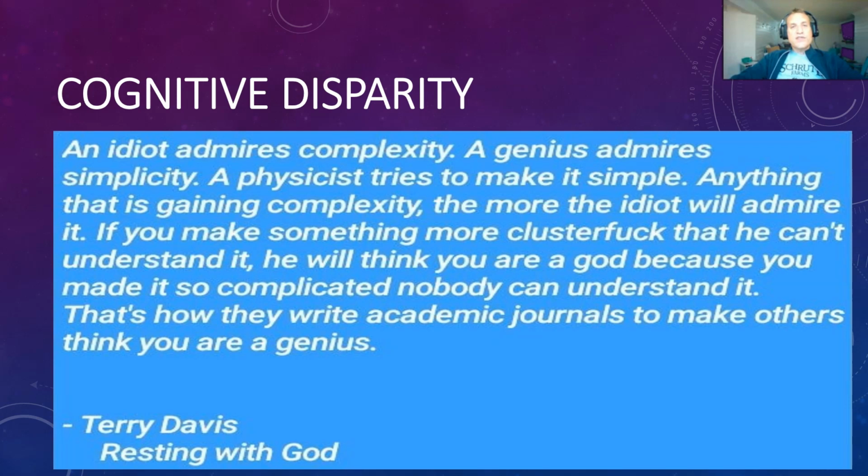That's why I said, if you ever actually tried to publish a simple solution to a problem, the peer review system, the science system, would simply never accept it. The only things which get published are things which are even more strangely complex and make even less sense than the previous existing explanations. That's the only thing that gets accepted nowadays. That's how they write academic journals, to make others think you're a genius.